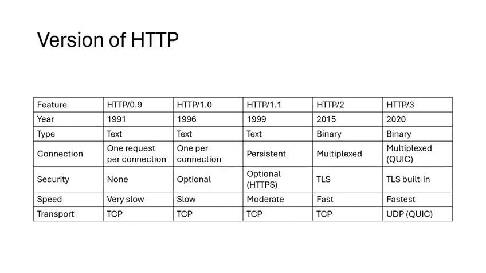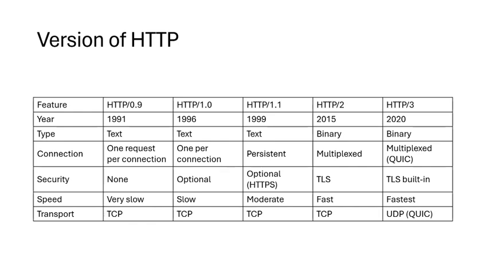When it comes to connection, HTTP/0.9 and 1.0 have only one request per connection, but in 1.1 we have persistent connection, in HTTP/2 we have multiplexing, and in HTTP/3 we have made it even better.